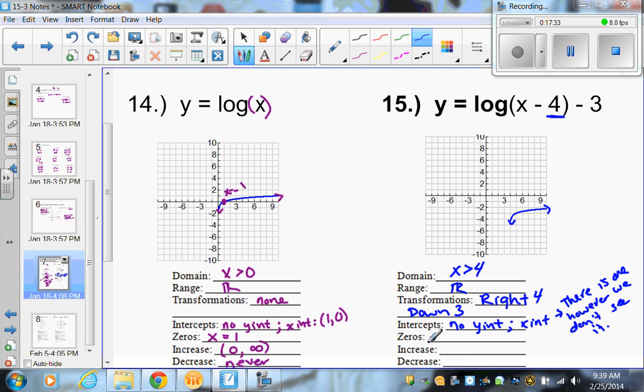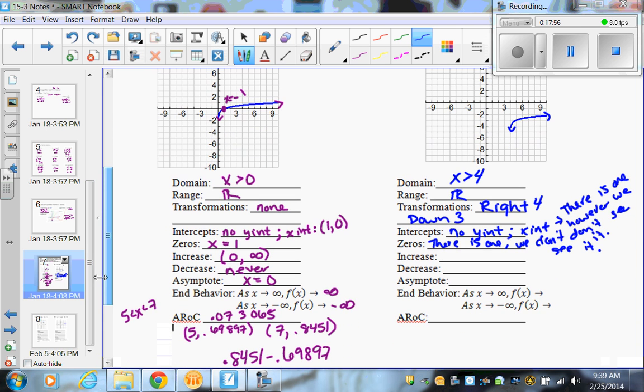For zeros, it would be the same thing. You don't actually see where it crosses the x-axis here, but we need to know that you realize it does eventually cross it, so you can put the same answer right here. So there is one. We don't see it. Intervals of increase and decrease.